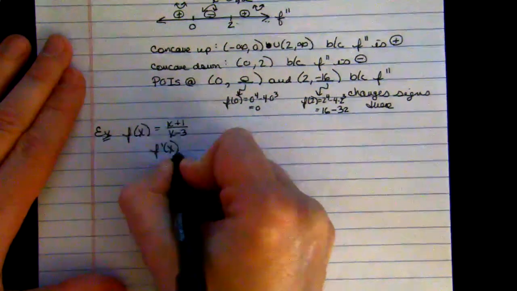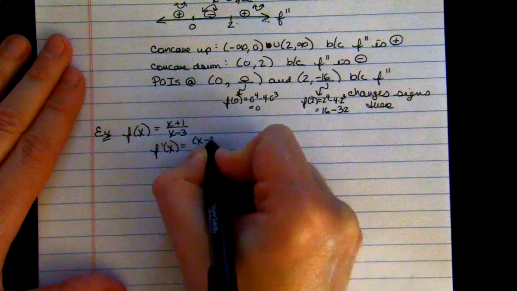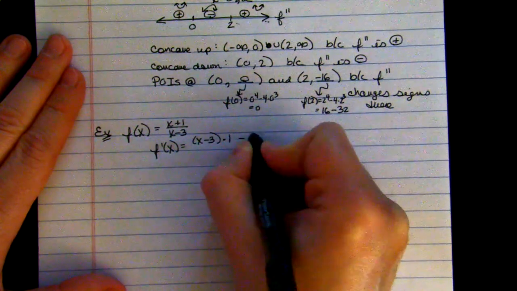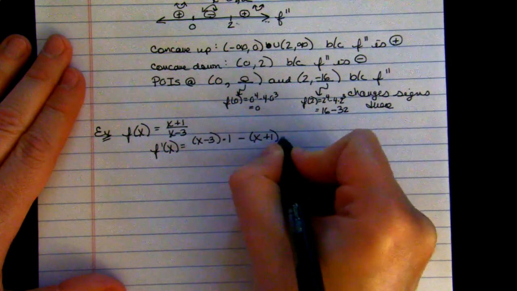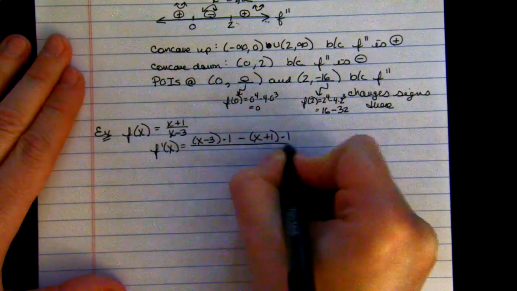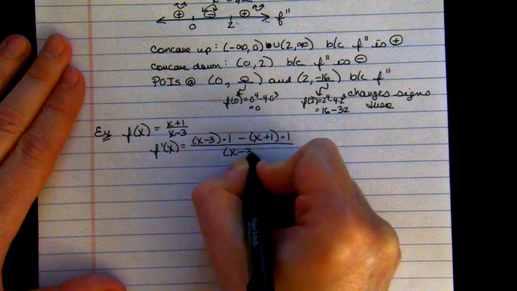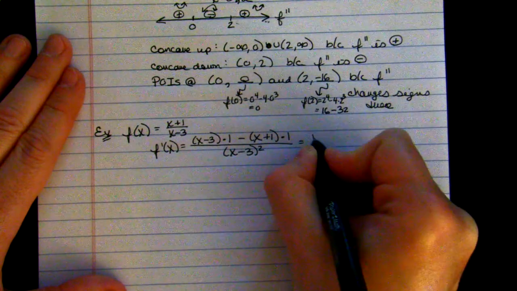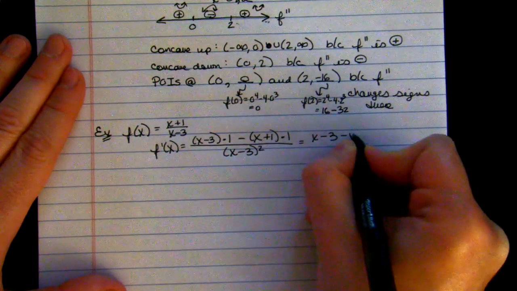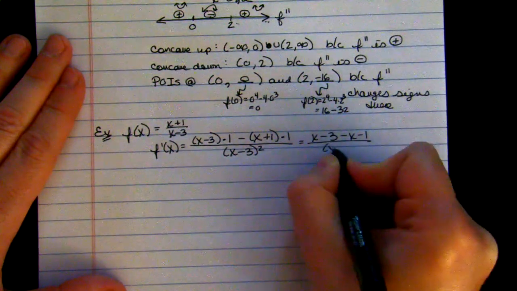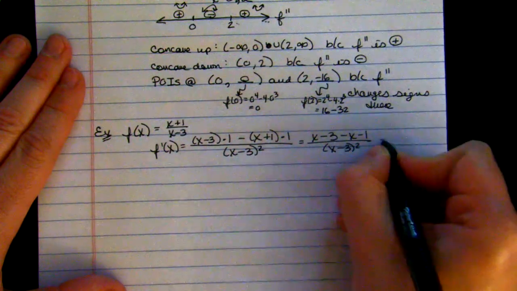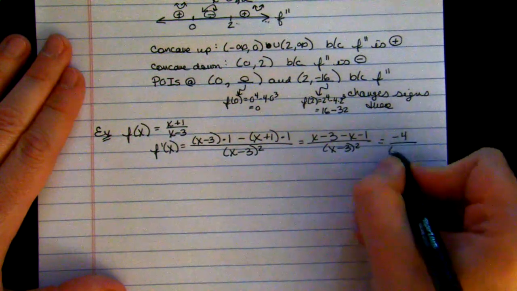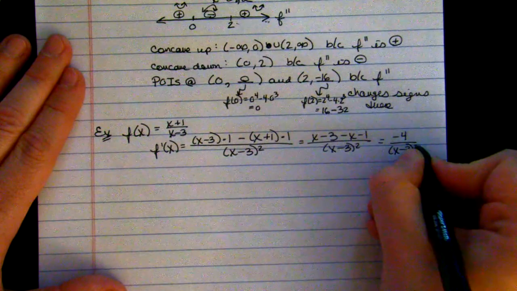So f prime of x is going to equal low, x minus 3, d high, is times 1, minus high, x plus 1, d low, is times 1. Draw the line and square below over x minus 3 squared. x minus 3 minus x minus 1 over x minus 3 squared. I'm going to get negative 4 over x minus 3 squared.